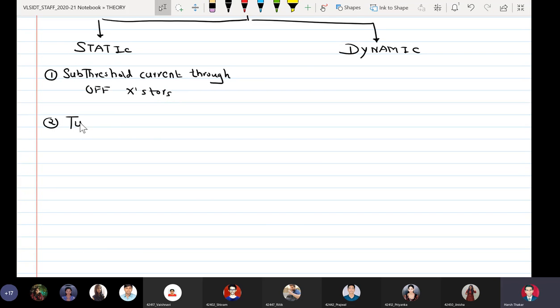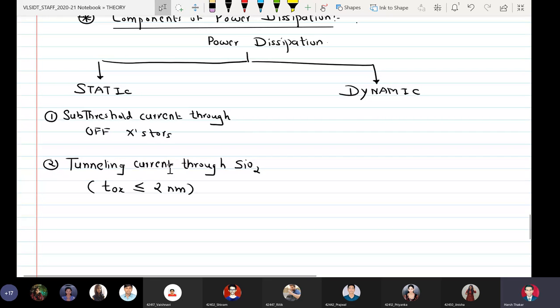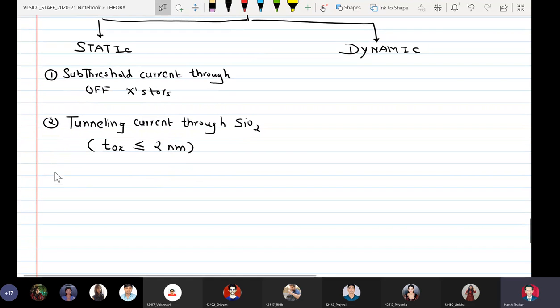Second is tunneling current through the SiO2 layer. We already mentioned Fowler-Nordheim tunneling, that is when TOX becomes less than or equal to 2 nanometer. At that time, the tunneling current, actually the gate current should be 0, but it starts becoming non-zero.